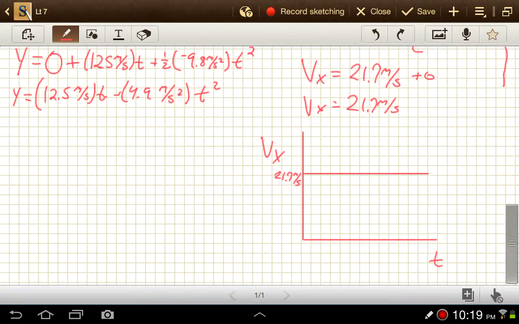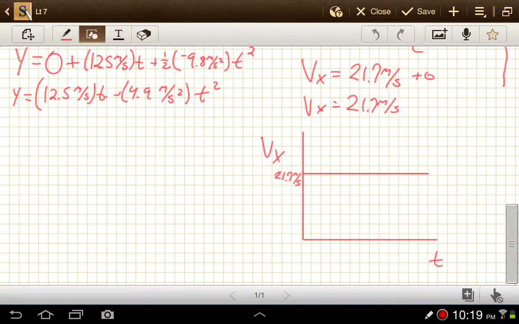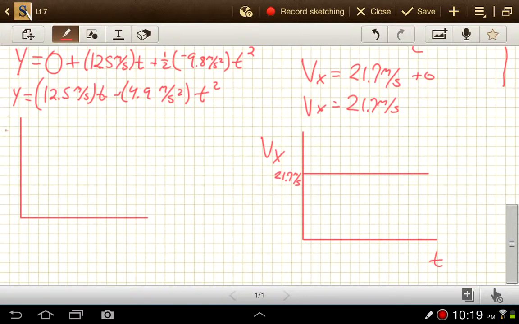Okay, so our graph of y position versus time is going to be, well, it's a quadratic. The squared term has a negative coefficient, so we know it's going to be concave downward. We know it starts at a position of 0, so it's going to be something like this.